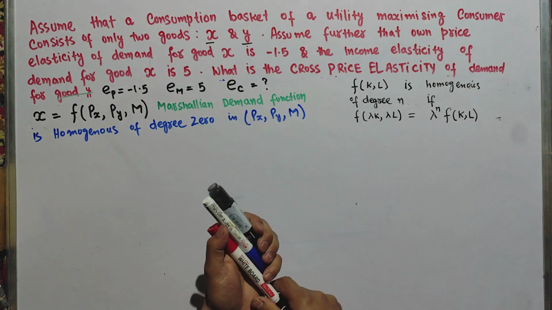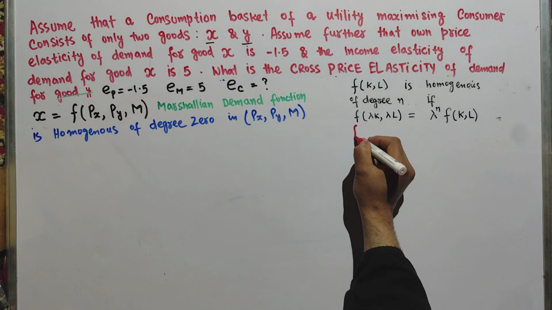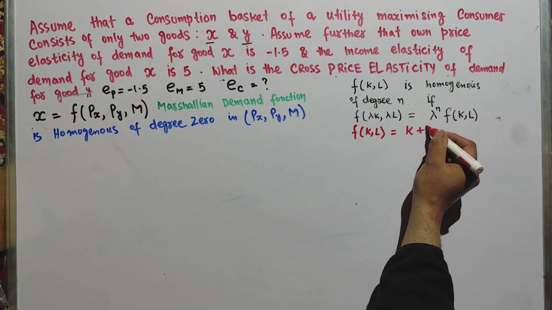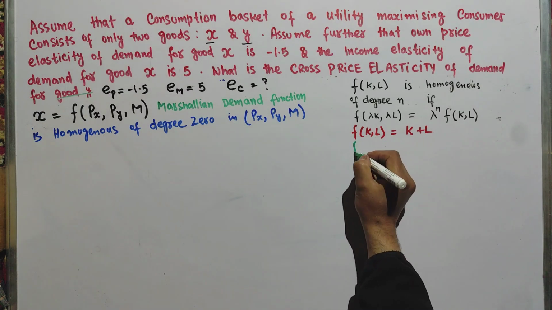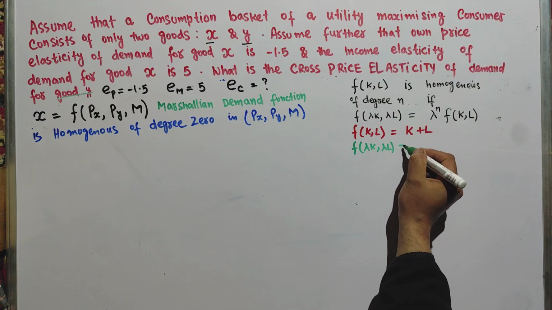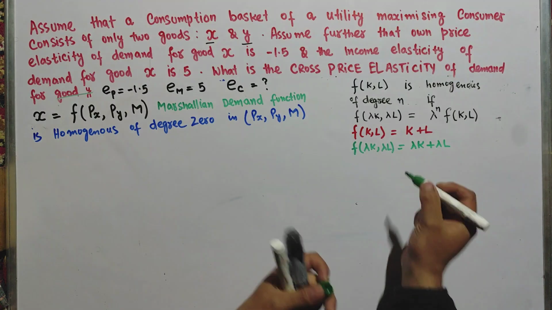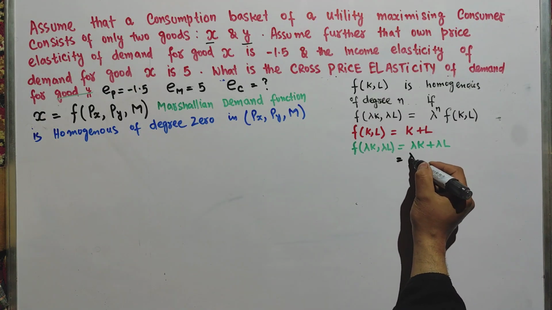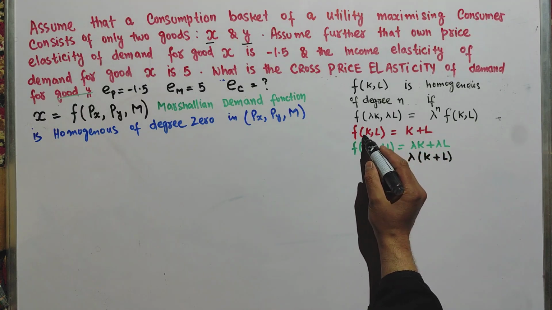Okay, so let us see an example here. Let us suppose we have a function f of KL equal to K plus L. If I increase both factors, capital and labor, by a factor lambda, so in place of K we have lambda K, in place of L we have lambda L. Because we have increased both the factors by the same factor, we can take lambda common, and we are left with K plus L. And we know that K plus L is equal to f of KL.